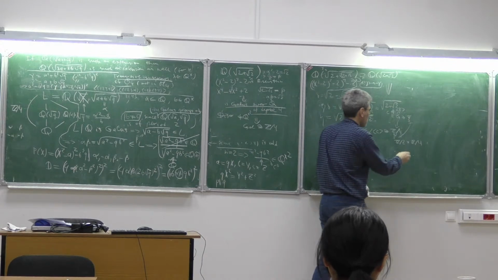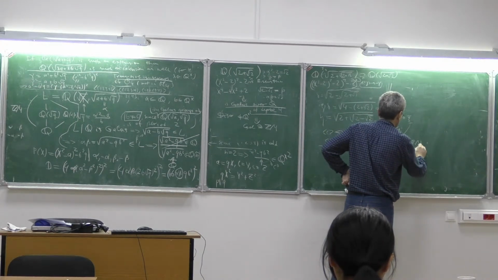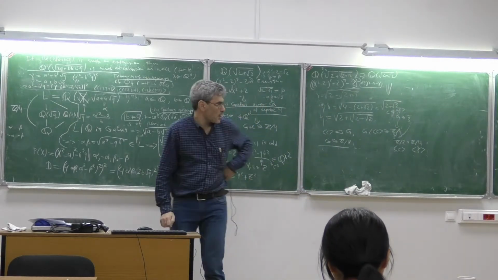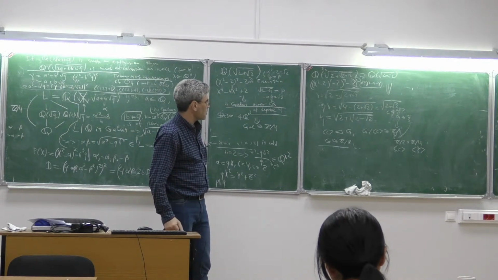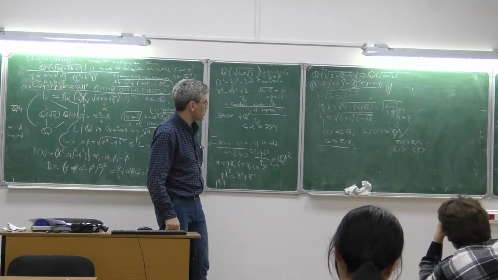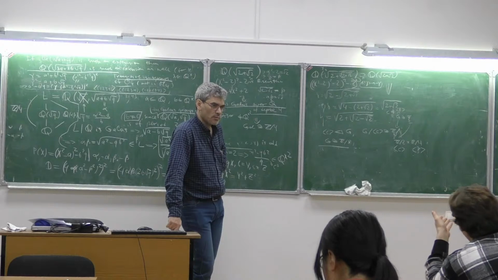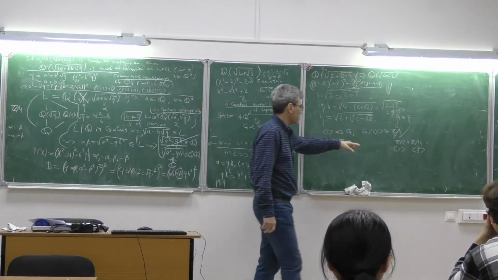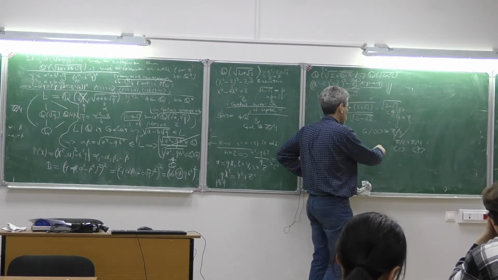Direct product because this is generated by C and this is generated by xi tilde, and they should commute, I think. No, we have to check that this is a direct product. Why should they commute?